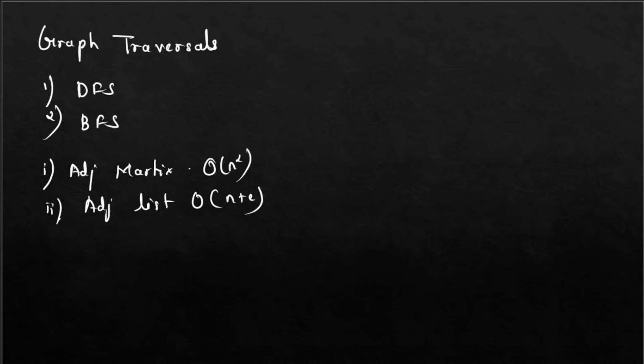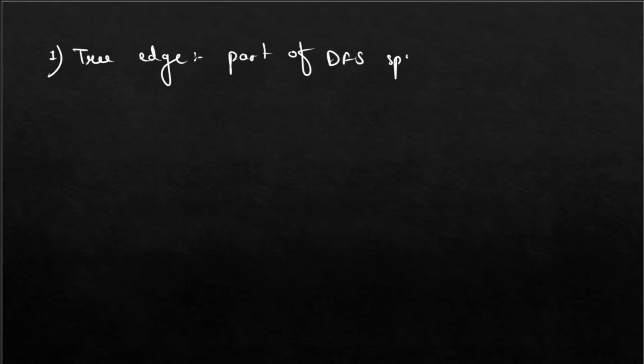Now let's talk about how DFS leads to the following edges. Okay, so the very first is tree edge. So what is a tree edge? Part of the DFS spanning tree. Second is forward edge.